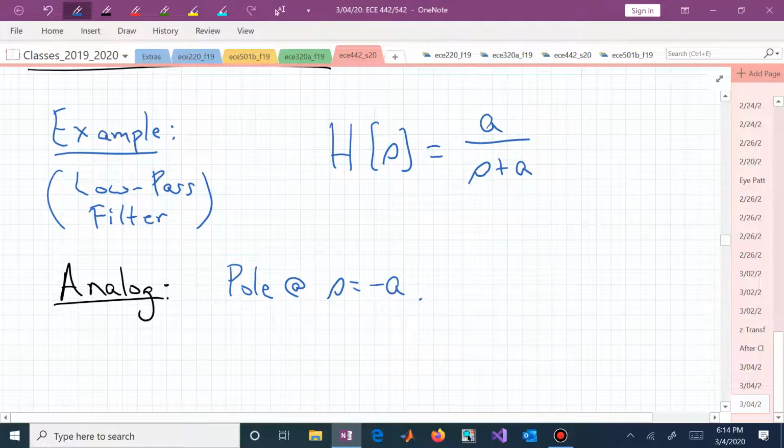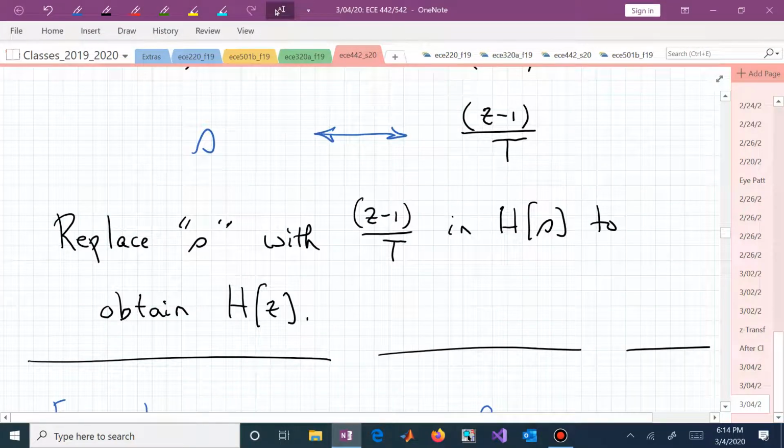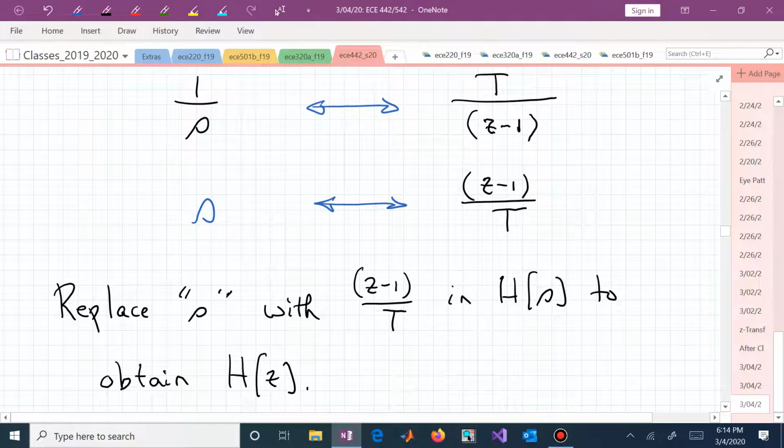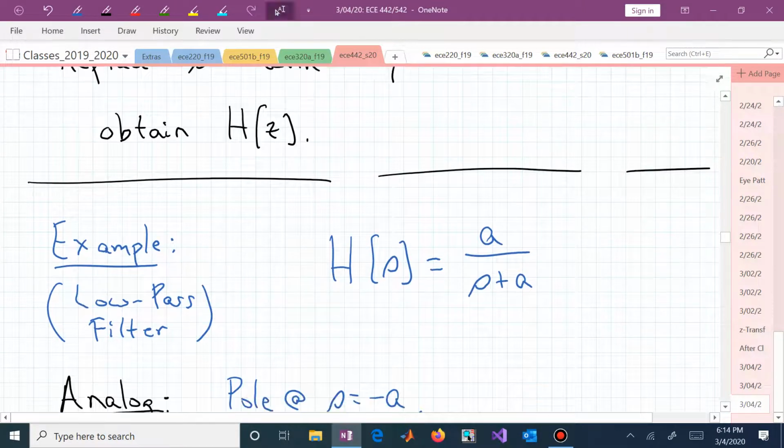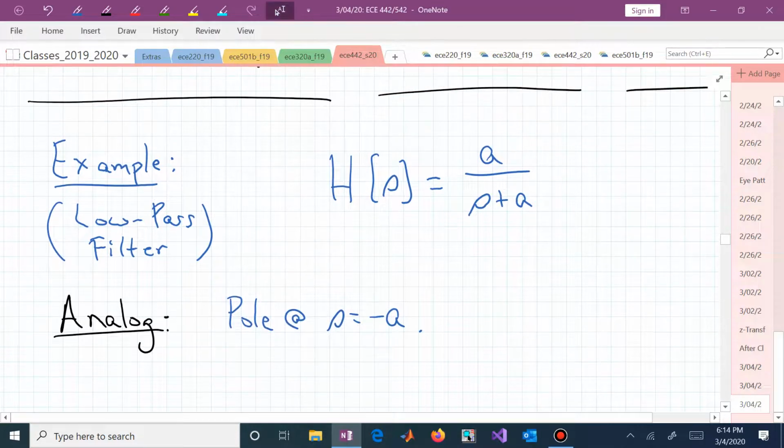Yes? When you say you have something like the previous example, when you said you had 1, 0 with 1 over S, how is that? Because I understand how you get it, but I thought zeros were numerators. The question was, I'm not quite understanding what you were talking about before with zeros.